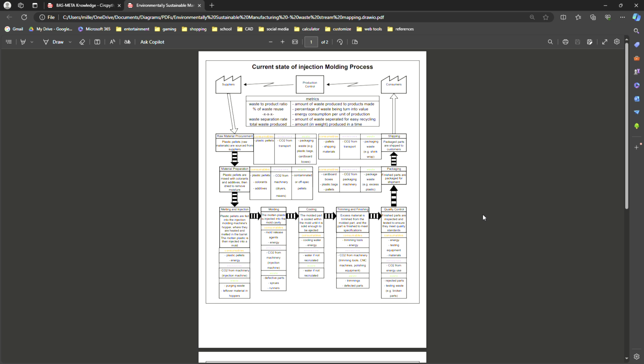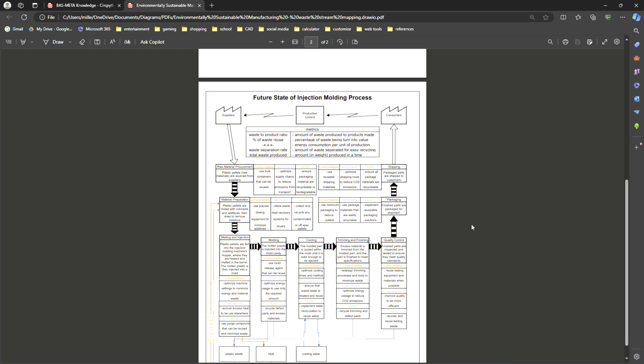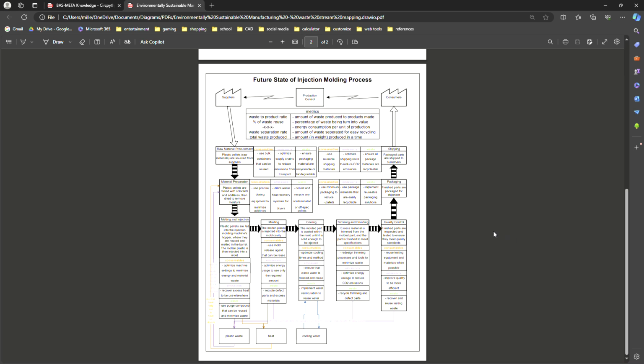And then next, to fix all these problems or possible waste, I guess, is the future state. And this is for raw materials, that is like using bulk containers that can be reused, so that you produce less packaging waste. And even if it does produce packaging waste, then you could use packaging materials that are recyclable or biodegradable.